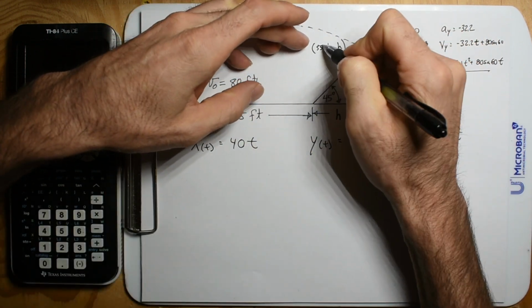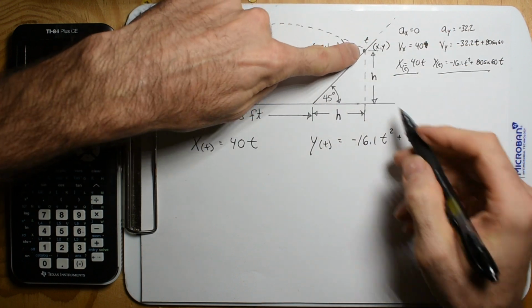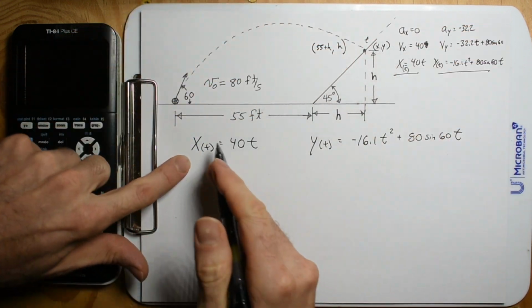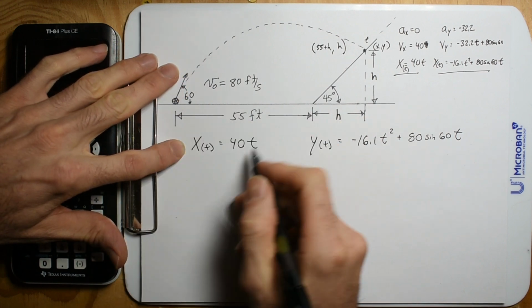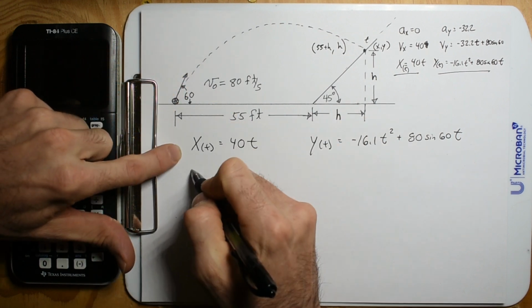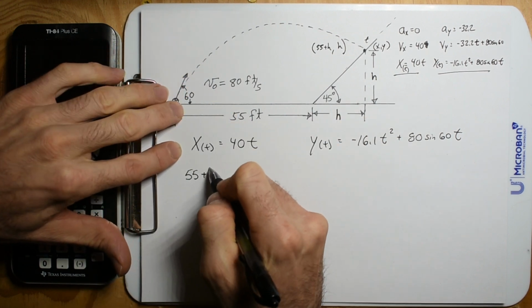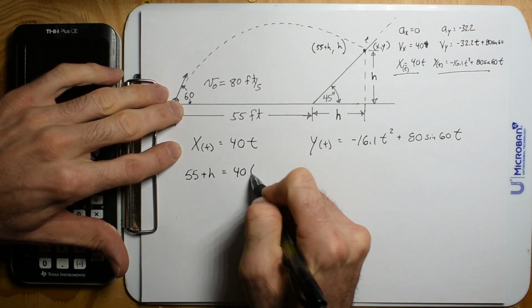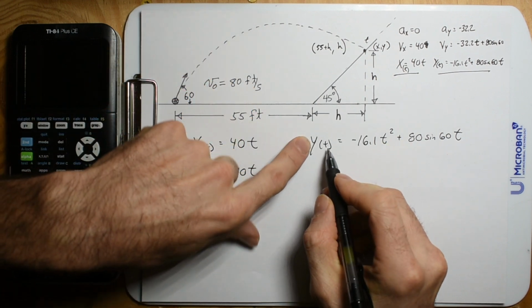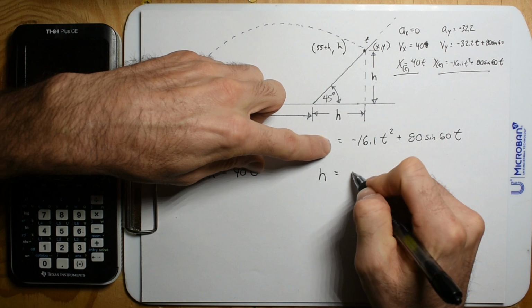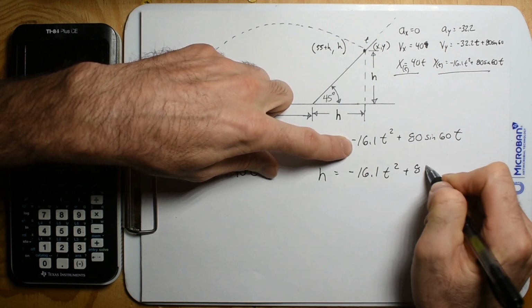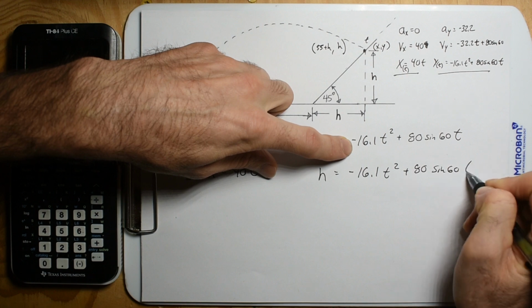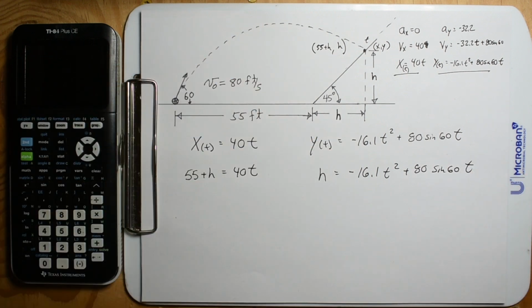So that's my coordinates for that position. Then over here, I can throw that in. I can say my x is going to be 55 plus h is equal to 40t. And then over here in the y, I'm going to have h is equal to negative 16.1 t squared plus 80 sine 60 t. Cool.